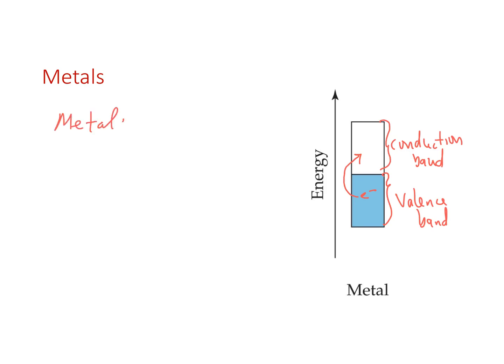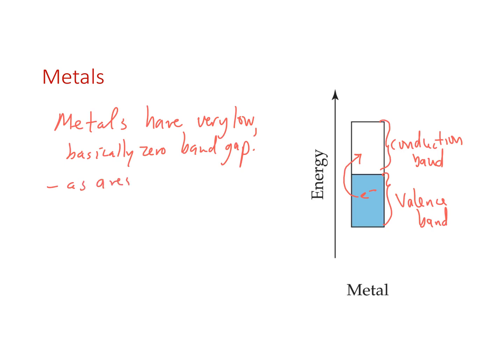So metals have very low, basically zero, band gap. And as a result, we all know metals are great conductors of heat and electricity.